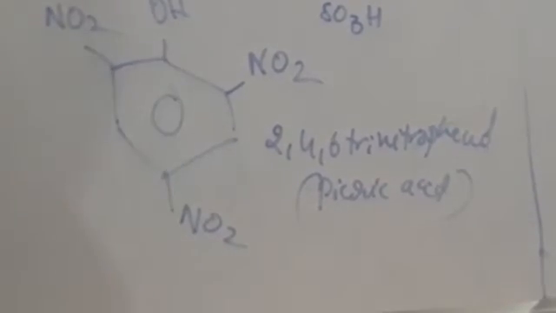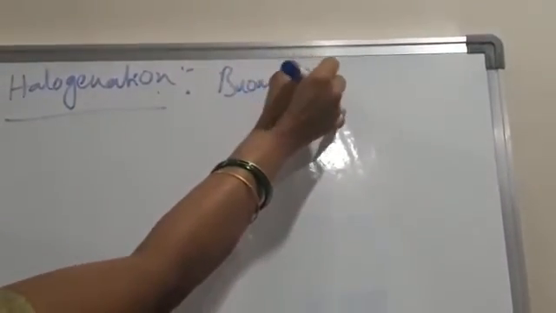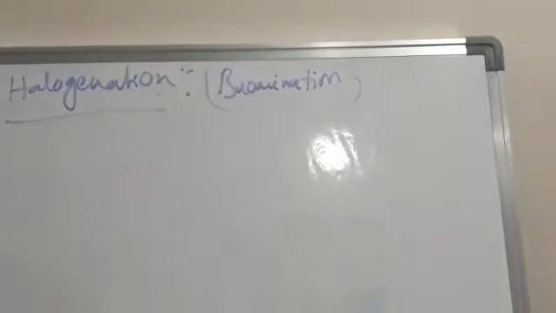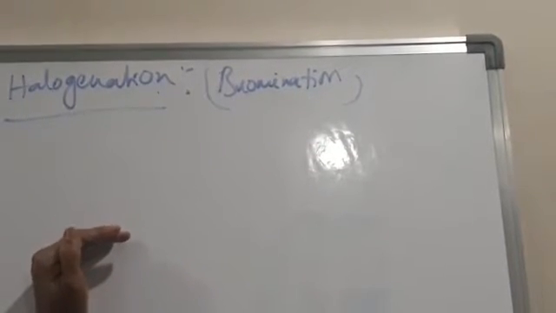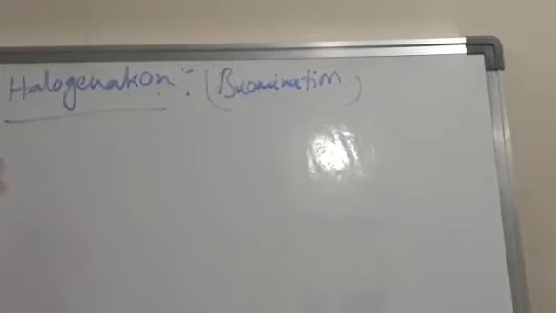Next, halogenation reaction. In halogenation, first bromination reaction. Bromination takes place in two ways. One is phenol undergoes bromination in presence of carbon disulfide.